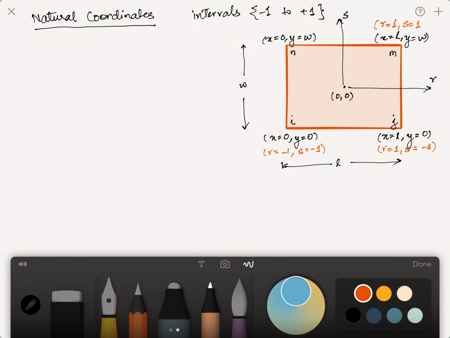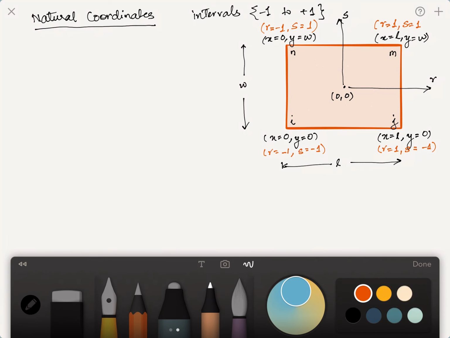And at the same time, you would have here R is equal to -1 and S is equal to 1. And the reason for that is that in the natural coordinate system, the intervals have now moved from 0 to L and 0 to W to -1 to +1. So the total length is 2, and you have two different sections, -1 to +1, while you have in the middle the intersection of the origin.